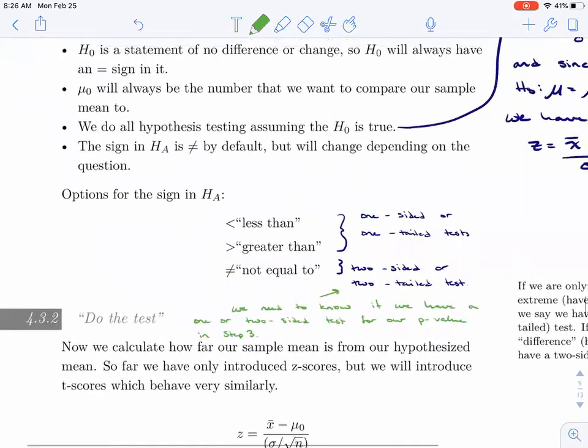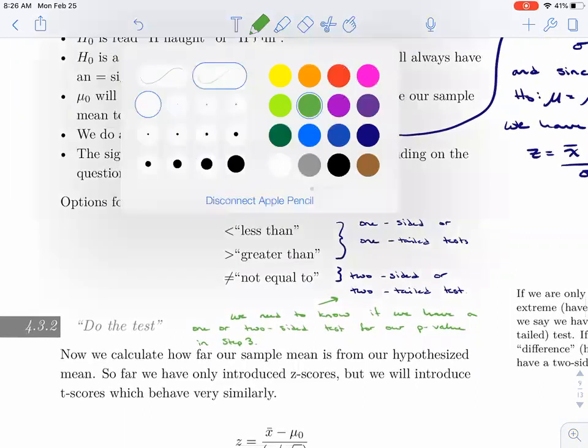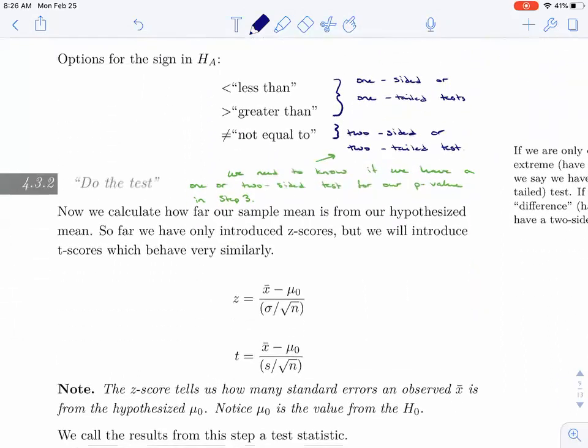I'd say that these are all the ins and outs of step one, stating your null and alternative hypothesis. Any questions about it? Hard without an example. You'll have questions once we do the example, I think. But for now, we're just running through the lay of the land here.